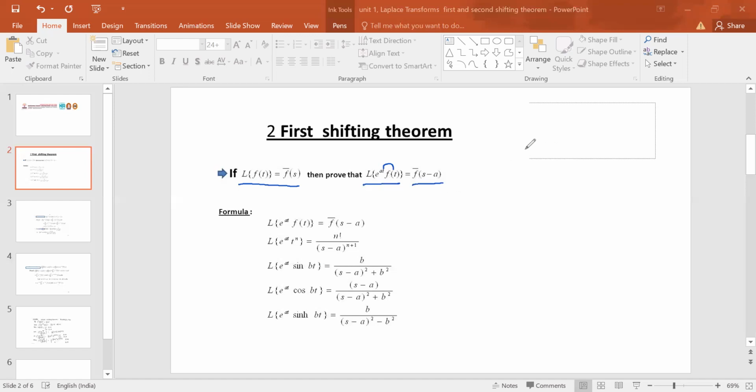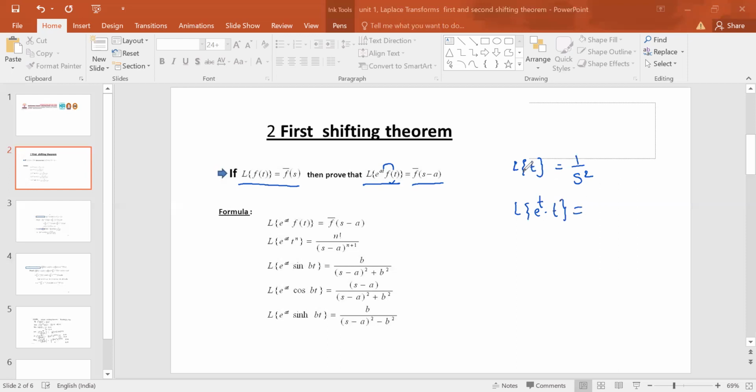whose result is f bar of s minus a. Let me tell you in a simple way: let us consider f of t equals t. The Laplace transformation of t is 1 by s square, according to our knowledge. If we have an extra term e power t with this t, how do we write it?